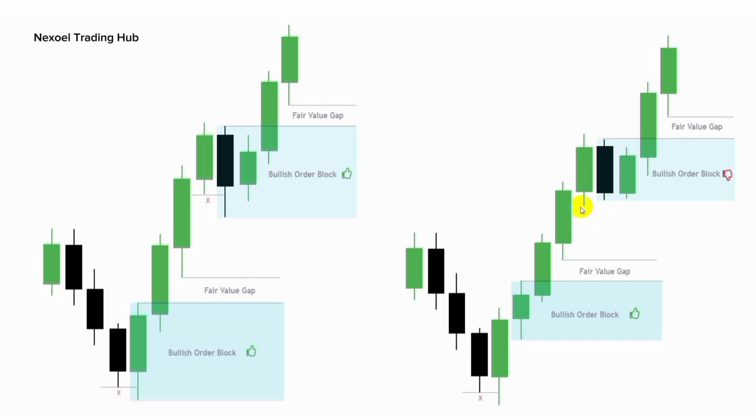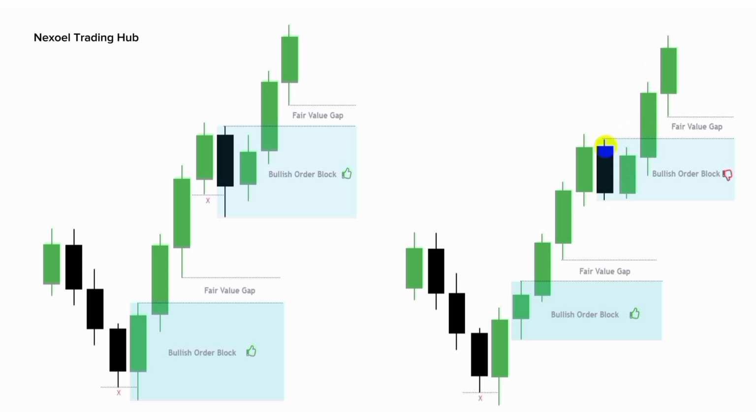So meaning it's an inside bar, because its movement is within the high and the low of this candle. So we do not have the wick moving sufficiently to the downside to take out this bullish candle's low points. And then we have this bullish move to the upside that took out the high.